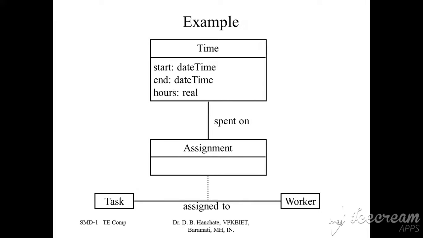So example, next that is time spent on the task. So the starting date and ending date, the time, how many hours are required to have assignments. So task assigned to the worker, how much time has been given to the worker, how much time has been assigned to the task, but how much time has been taken by the worker to complete that task.